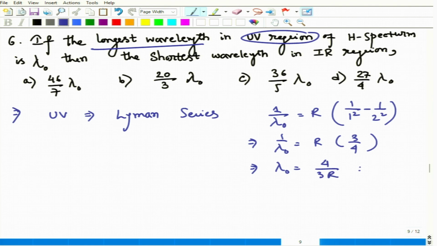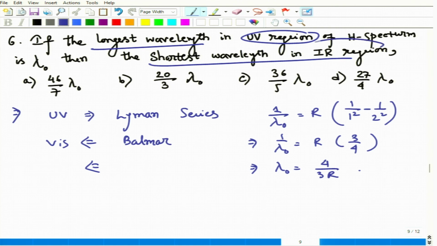Okay, now we have to find out the shortest wavelength in the IR region. UV Lyman we know, then the Balmer is also visible, right? Then Lyman, Balmer, Paschen, these series are there. But they have asked for the IR region, that is important.